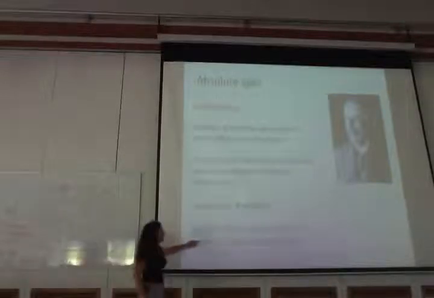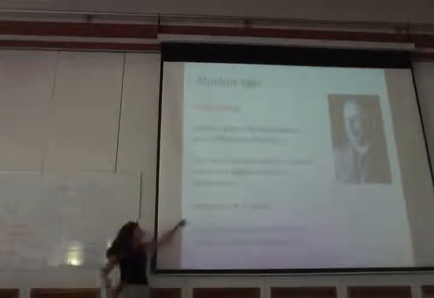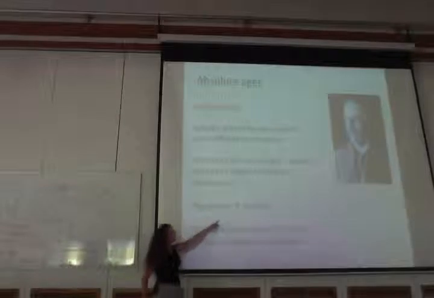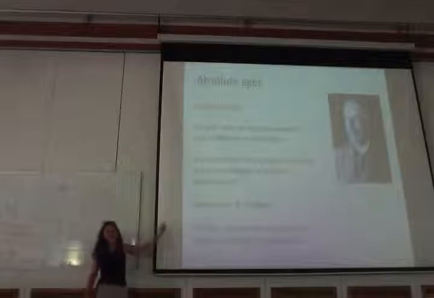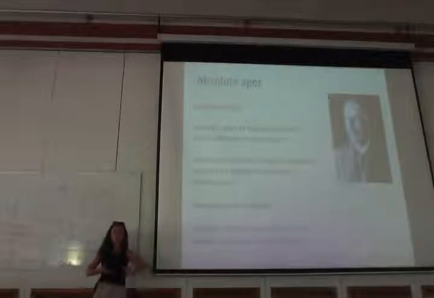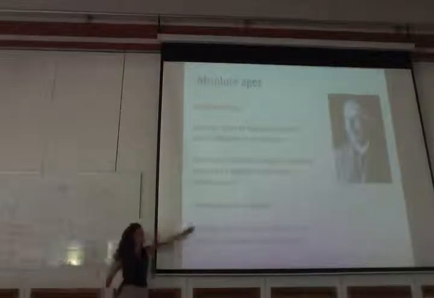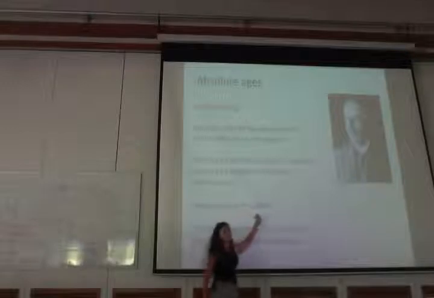So the half-life, I've told you that a parent atom can decay into a daughter atom. The time taken for half of those parent atoms to decay into daughter atoms is called a half-life.